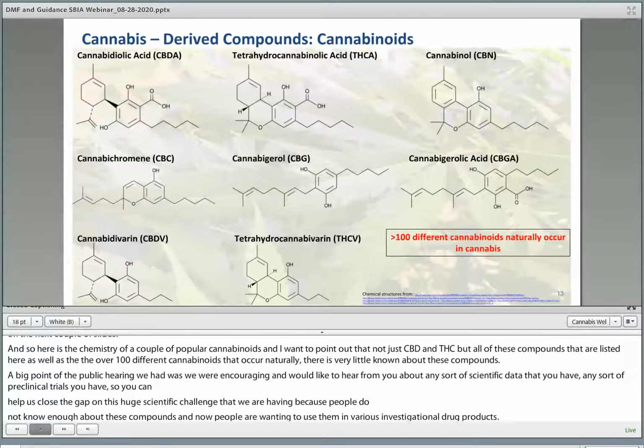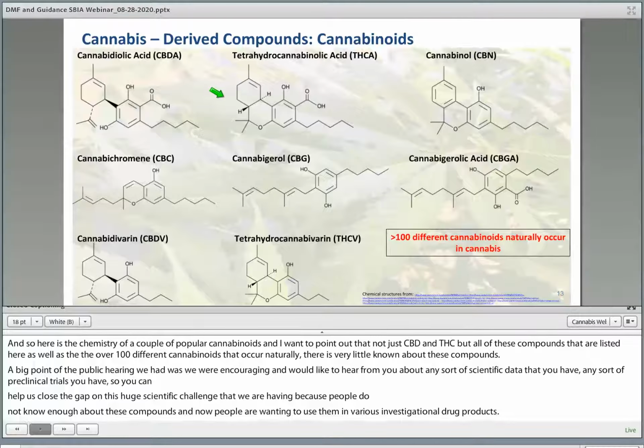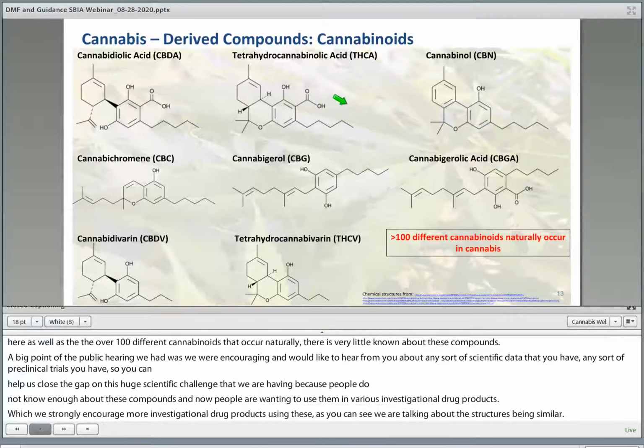So as you can see, we were talking about earlier that the structures are similar. So if you see here, CBDA and THCA have very similar looking structures. And CBN is not too far off because it's actually a degradant of CBD and THC. And the same thing here, you can see CBC and CBG and CBGA have similar type chemical structures as they're related to one another, as well as CBDV and THCV.